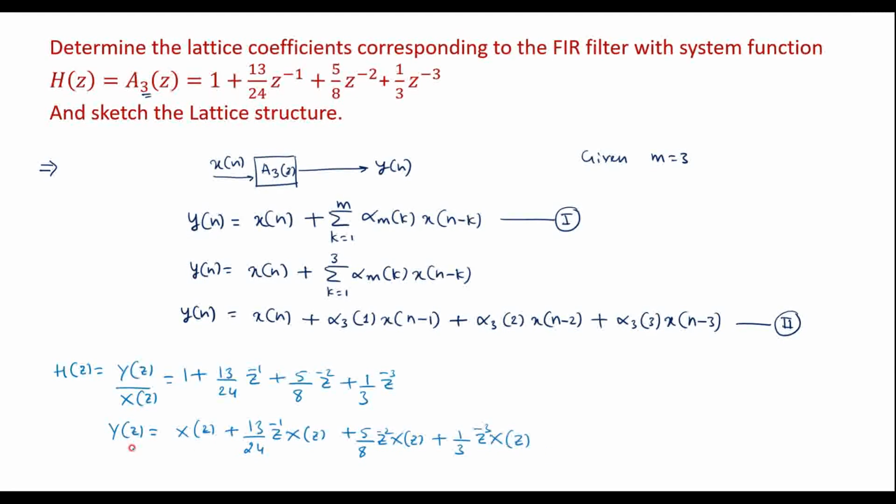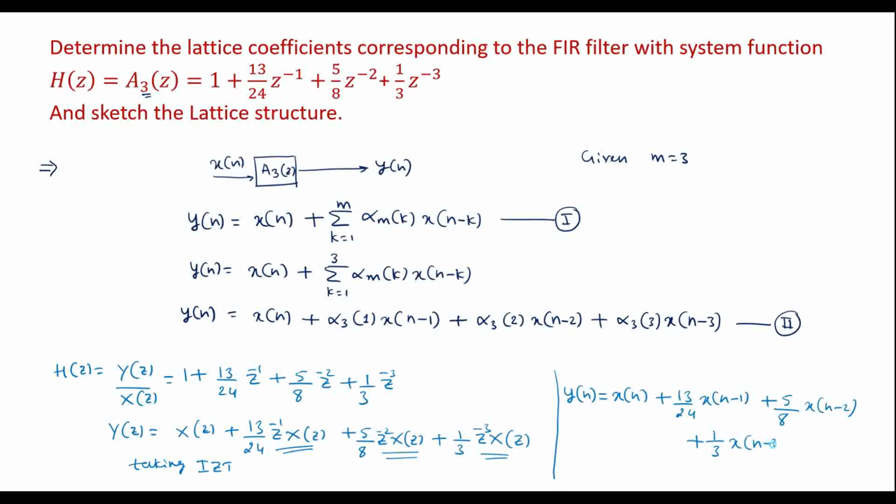So now we'll take the inverse z transform of Y(z). Taking the inverse z transform, y(n) is equal to the inverse z transform of X(z), which is x(n), plus 13/24 times the inverse z transform of z inverse X(z), which is x(n minus 1), plus 5/8 times the inverse z transform of z power minus 2 X(z), which is x(n minus 2), plus 1/3 x(n minus 3). We'll call this equation 3.